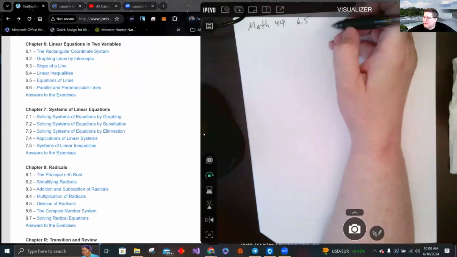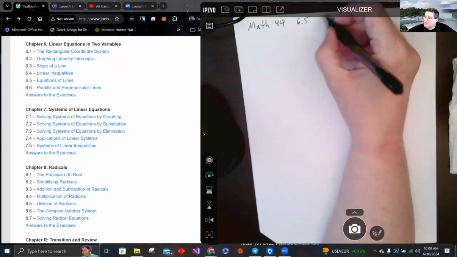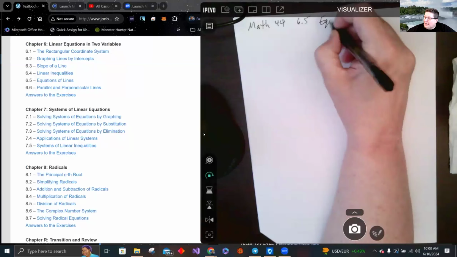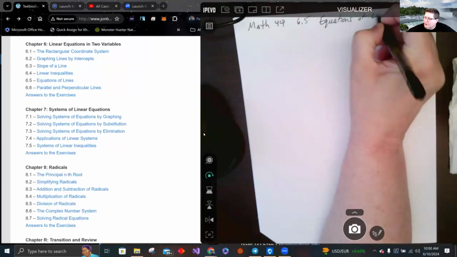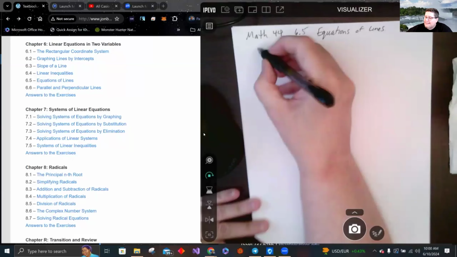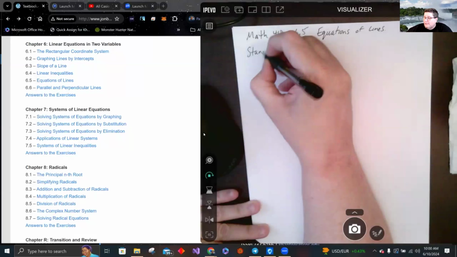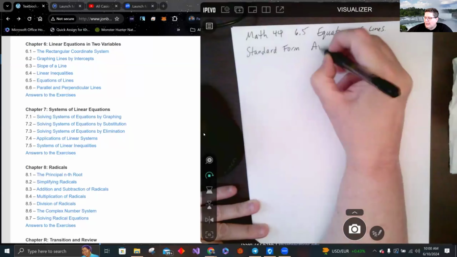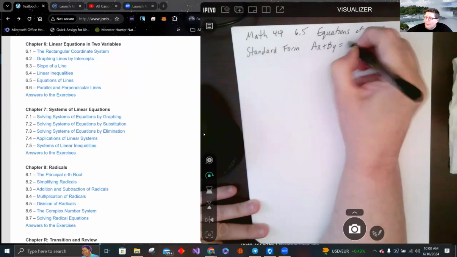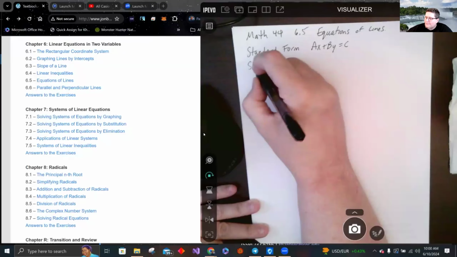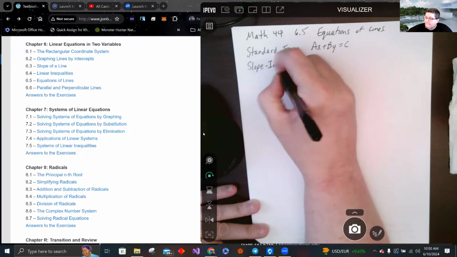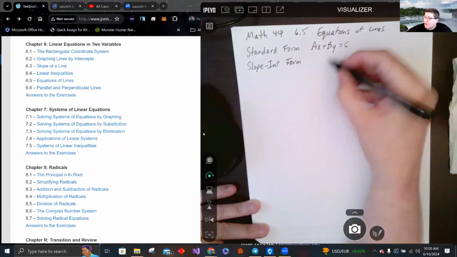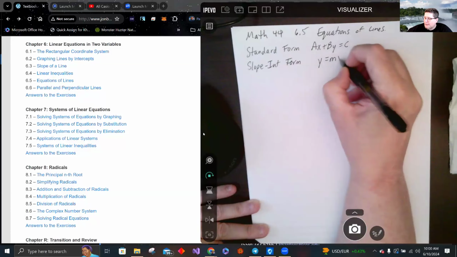So, a couple things that are going on in this section. We're looking at equations of lines. So far, you have seen the standard form, AX plus BY equals C. We have looked at the slope-intercept form, y equals mx plus b.